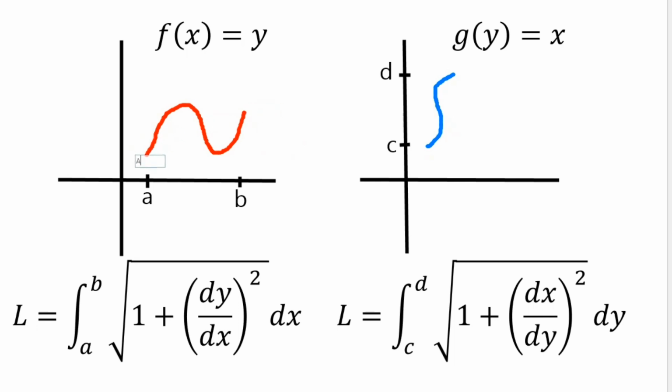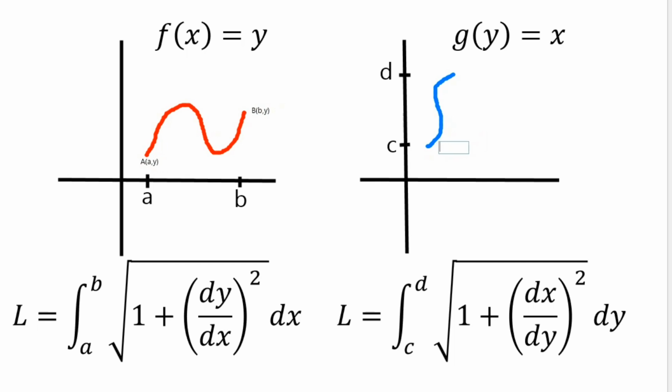So let's call this point A. This is from A to some value y. This point, let's call this B, from B comma y at another point from y.